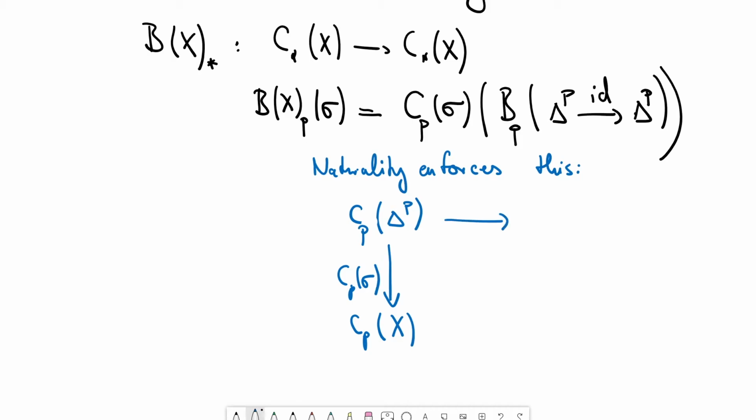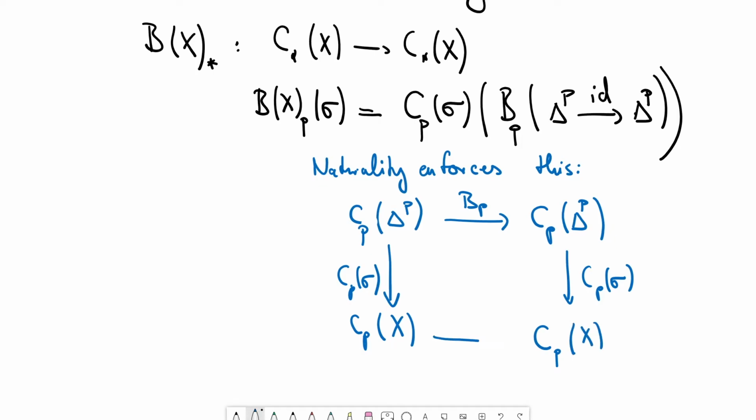Now here we have what we already defined, the subdivision operator. And this is what we want to define, but naturality means this has to commute, right? Now, inside here, we have a specific element, which is the identity.